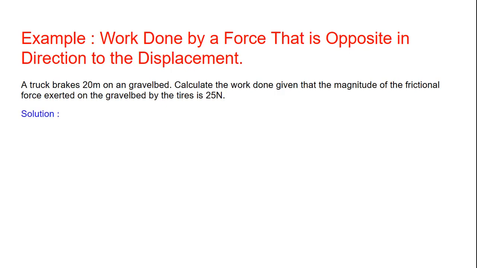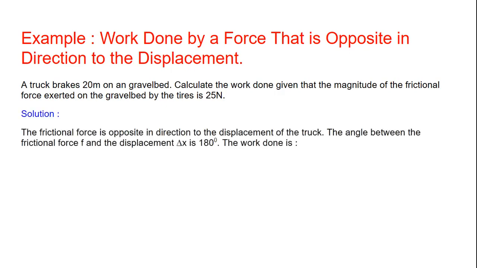So here's our solution. The frictional force is opposite in direction to the motion of the truck. In other words, the frictional force is opposite in direction to the displacement of the truck. And the angle between the frictional force and the displacement is therefore 180 degrees.